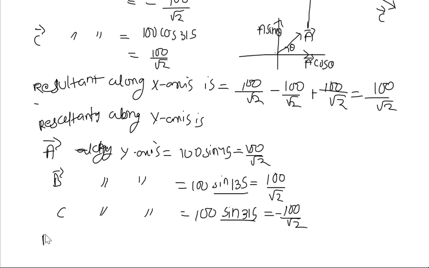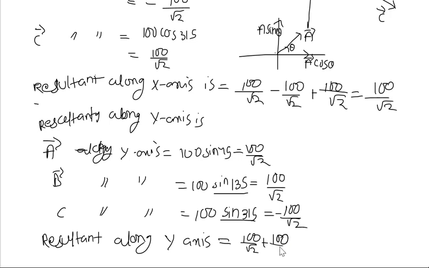So in total the resultant along the y-axis is 100 by root 2 plus 100 by root 2 minus 100 by root 2, it's 100 by root 2.